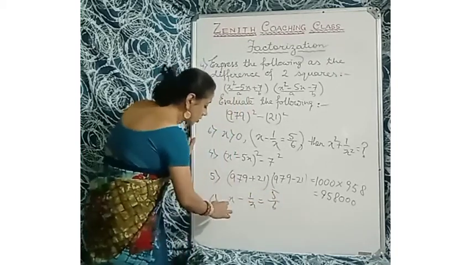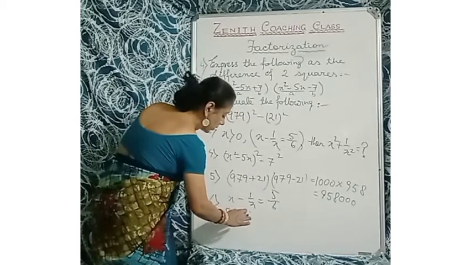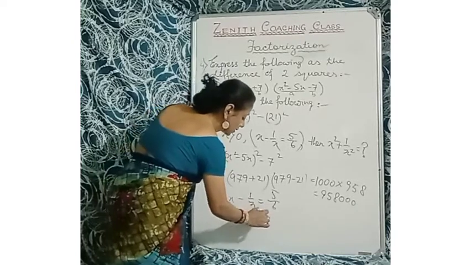You have to write squaring both sides. What you people do is square both sides.